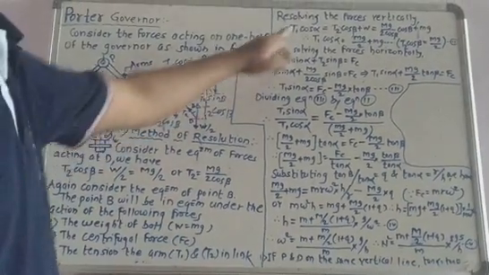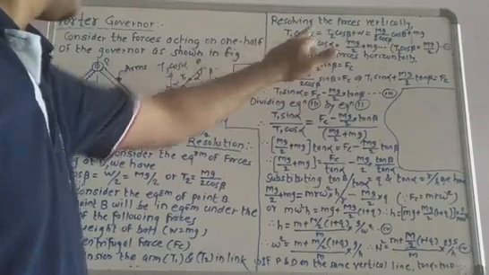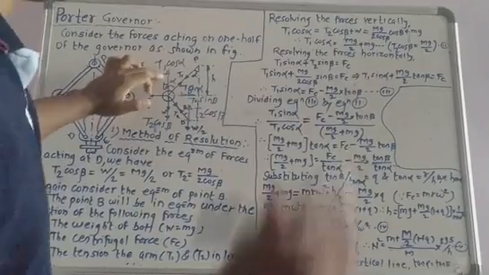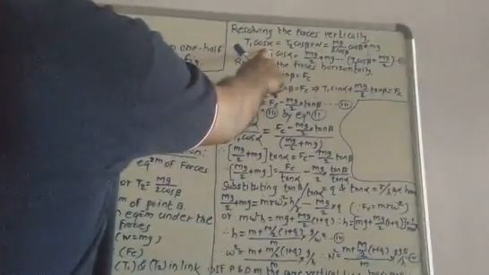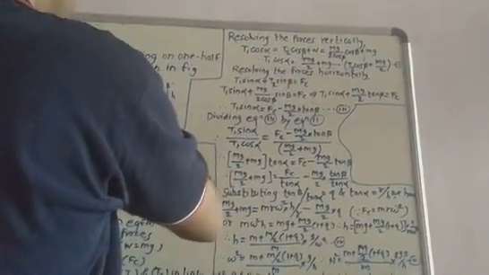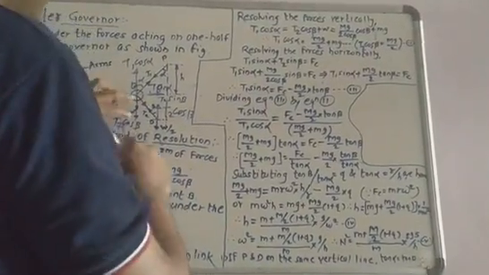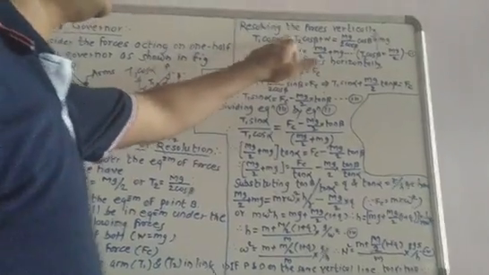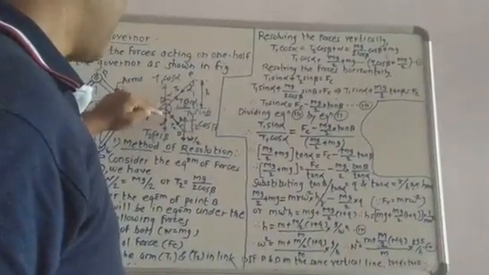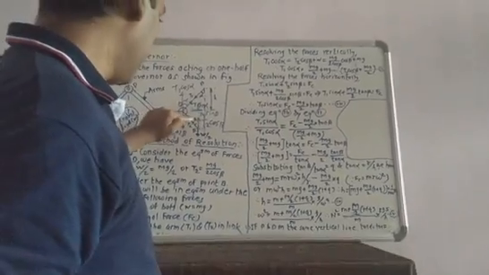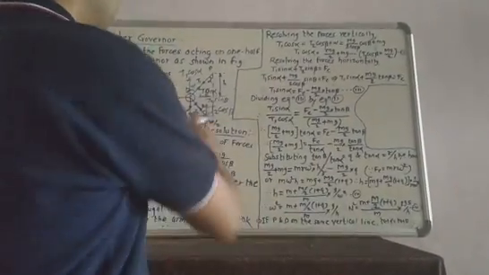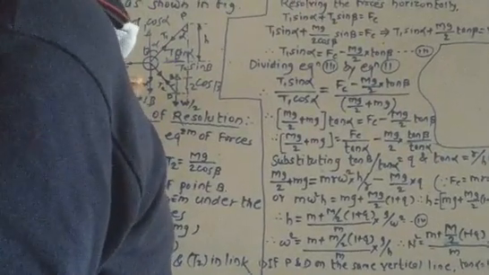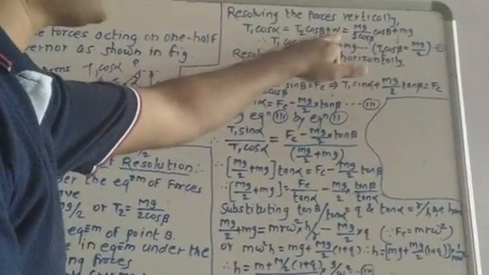Now focus only on the vertical forces. T1 cos alpha is in the vertical direction, that's why the plus sign is given for this one. The other forces are in downward direction, that's why they are written towards the right side of the equation. So T1 cos alpha equals T2 cos beta plus the weight of the ball in downward direction, that is small w.